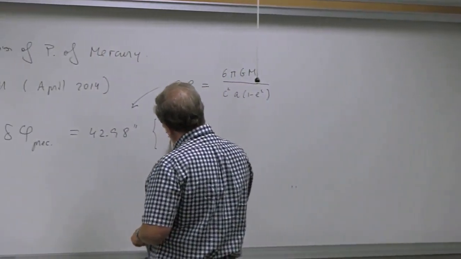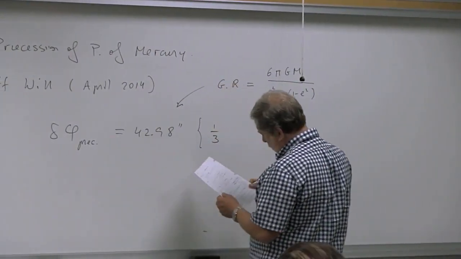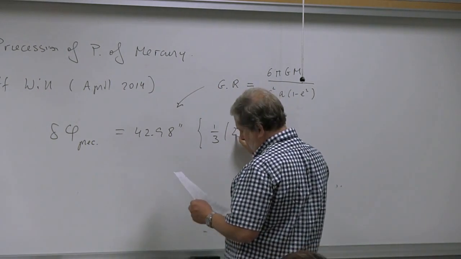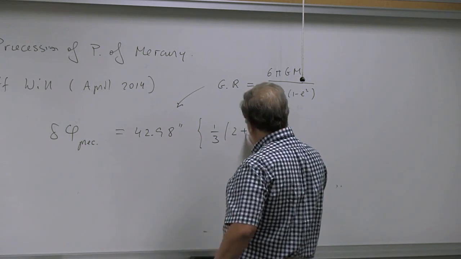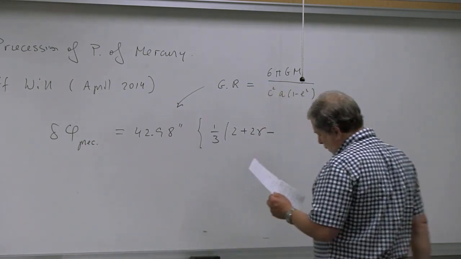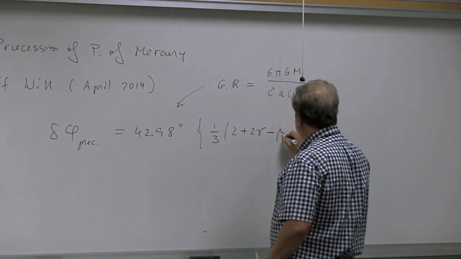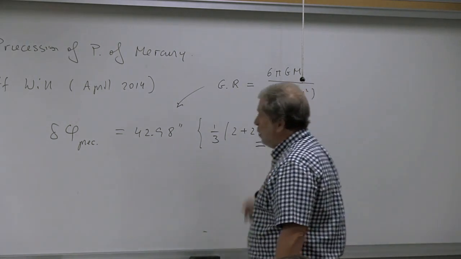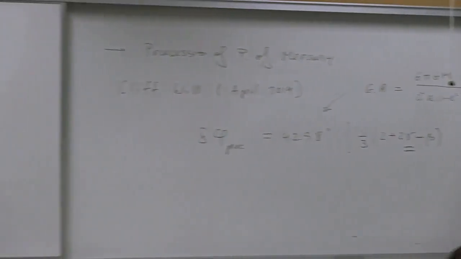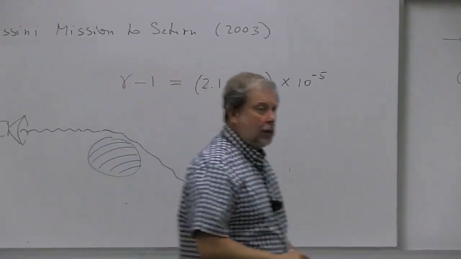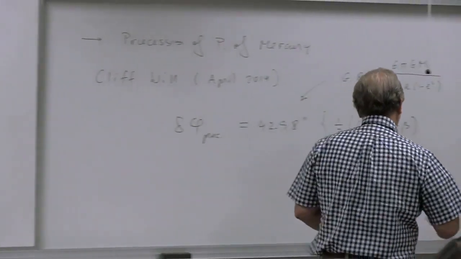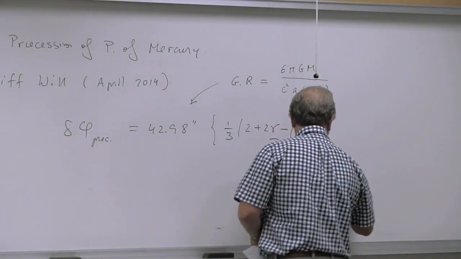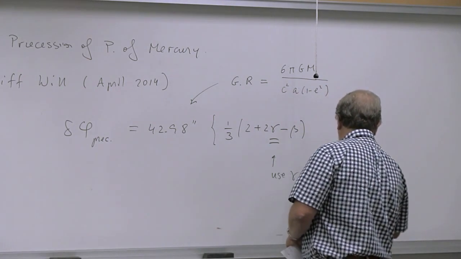So the Robertson expansion gives a coefficient which I wrote down already before, which is 1/3 of 2 plus 2 gamma minus beta, right? And now in here we're going to use, right, what they use is this value. Right? Use this value, and that will now constrain beta. So use gamma from, say, Cassini, right?